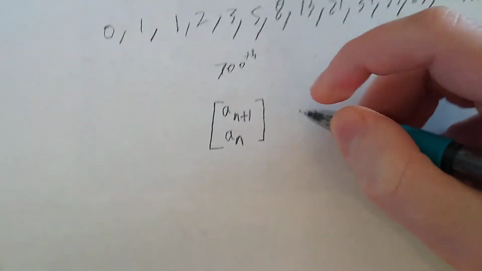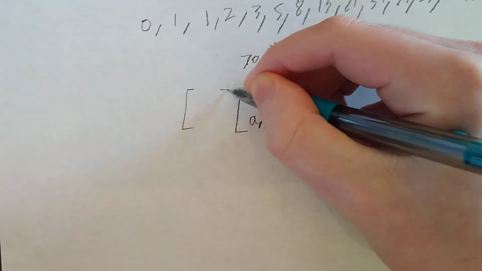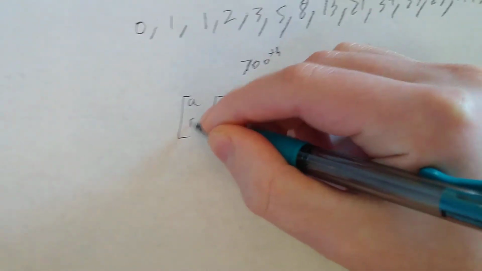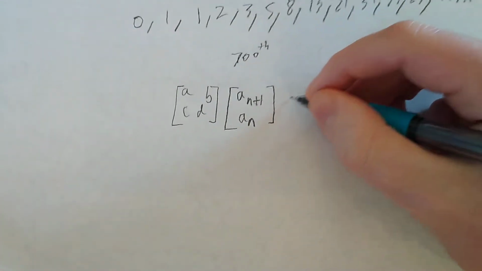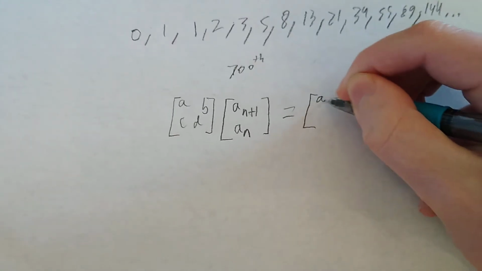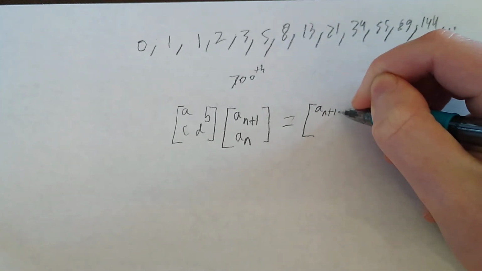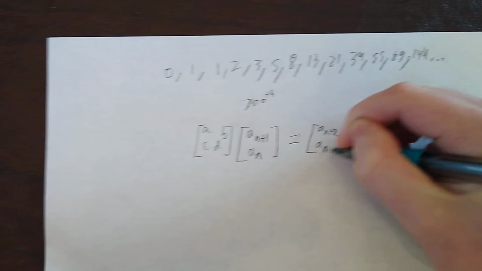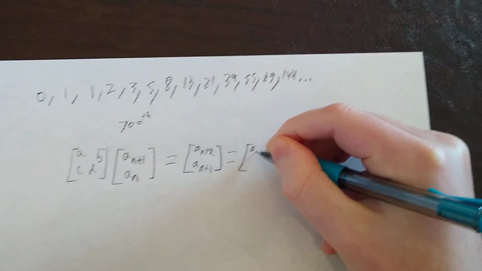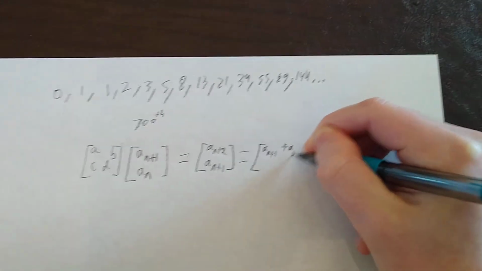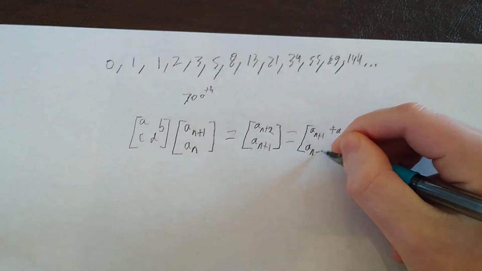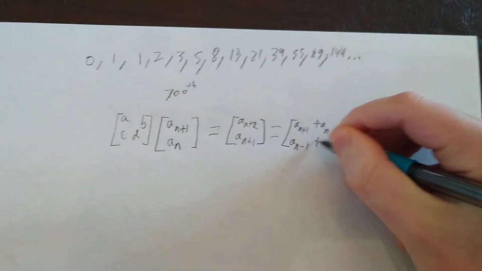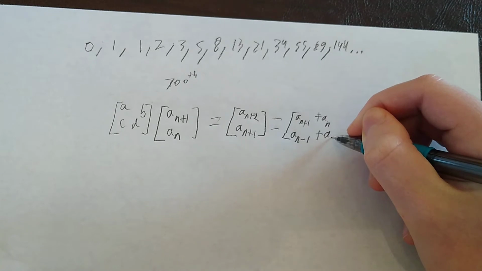First, we're going to want to find a matrix A, B, C, D, such that this is equal to A of n plus 2, A of n plus 1, which of course would be equal to A of n plus 1 plus A of n, then A of n minus 1 plus A of n.